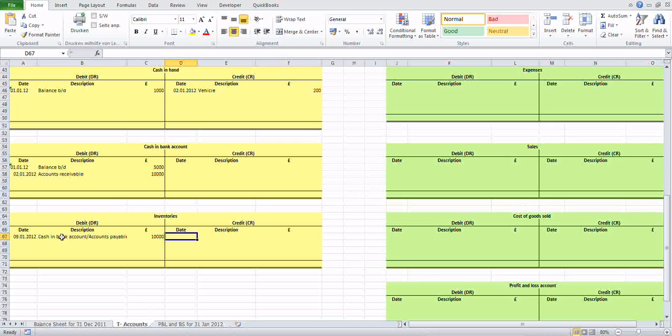And the opposing accounts, the first one is the cash in bank account. When we are paying something, this decreases the assets, in this case cash in bank account, therefore this needs to be credited. In this case, the opposing account is the inventories with 5,000. We're not quite done yet.